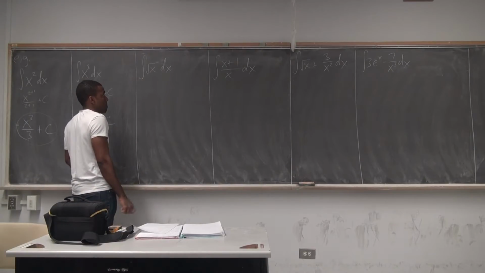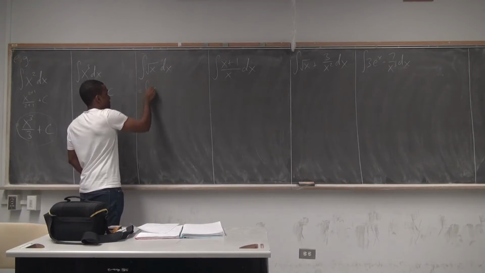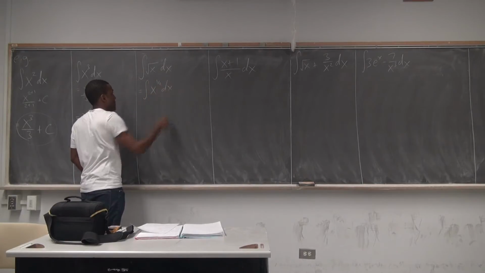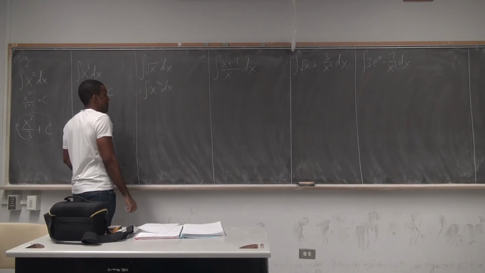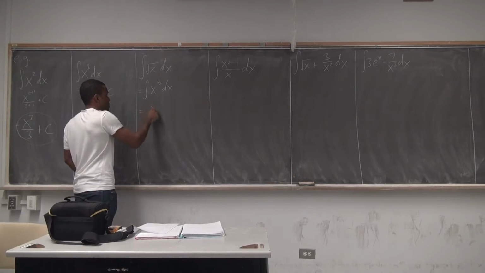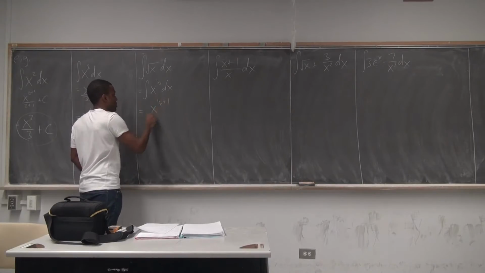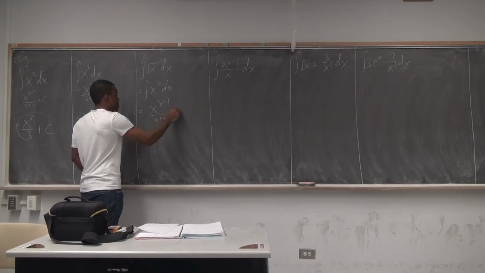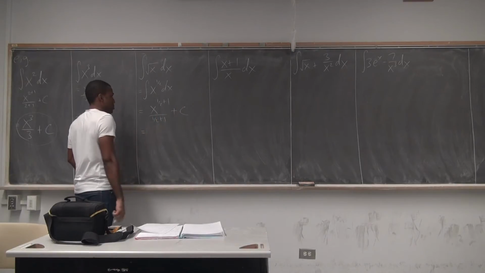Turn it to a half. X to the half. And then we do the same. X to the half plus 1 over half plus 1.